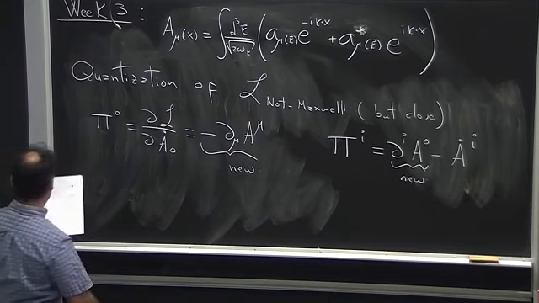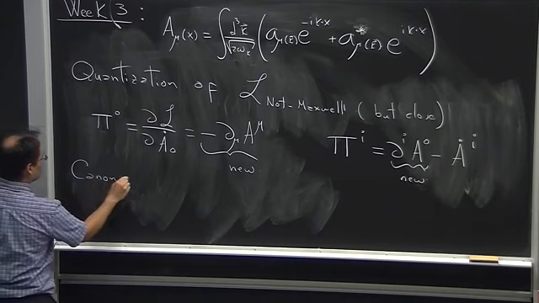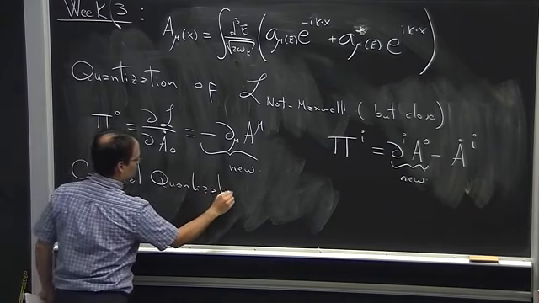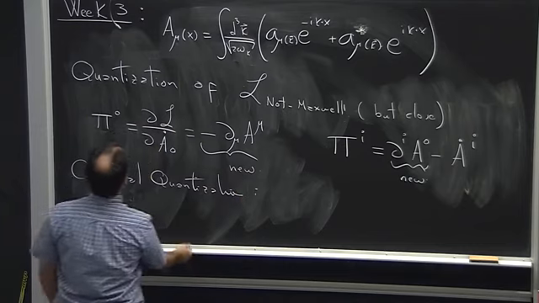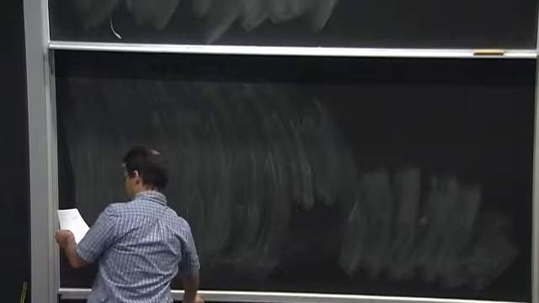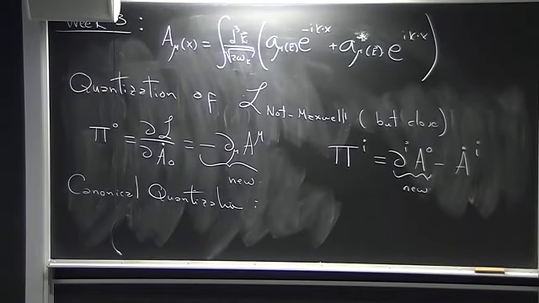So having the momenta, we can just do canonical quantization, right? If we want to do canonical quantization, we start by imposing equal time commutation relations.